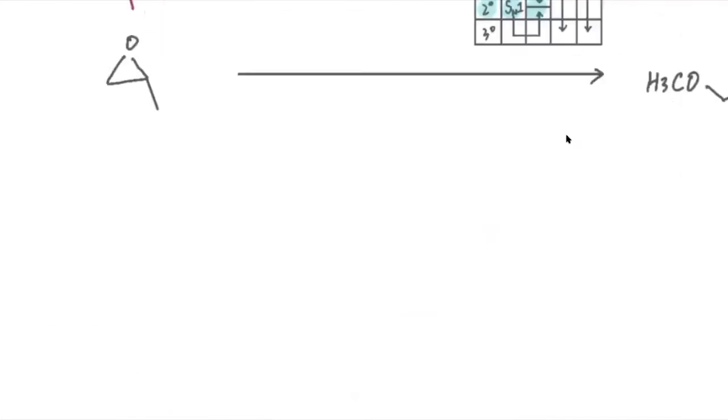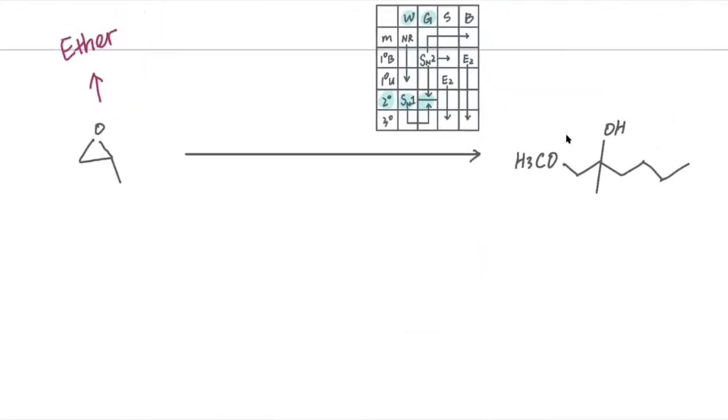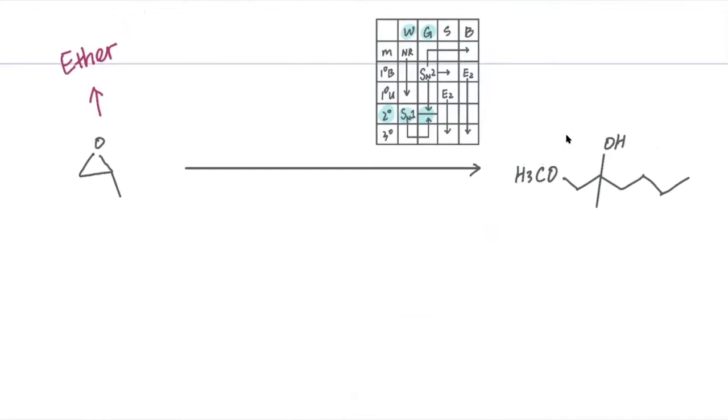Let's start to see what we can do with the question here. Let's number the carbons. 1, 2, 3. I know the one with two oxygens, so 1, 2. I don't know which one is my original oxygen, but I do know, I think this is my original carbon, and 1, 2, 3.